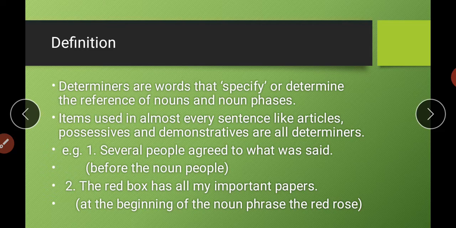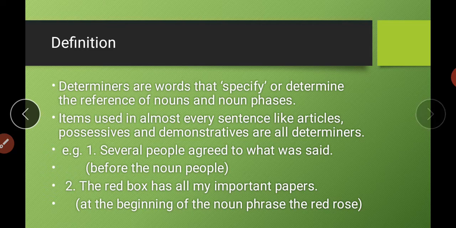Again, the word the is given before red box, so again it is a determiner, which is an article. So like this, all these words like several, the, many, much, this, that, these, those, and possessives are determiners.